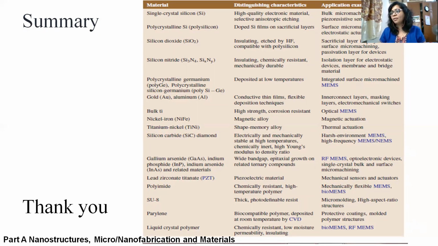Polycrystalline germanium, polycrystalline silicon germanium, gold and aluminum. They are conductive films, flexible, and used in various deposition techniques. Bulk titanium has high strength and corrosion resistance. Nickel iron are magnetic alloys.